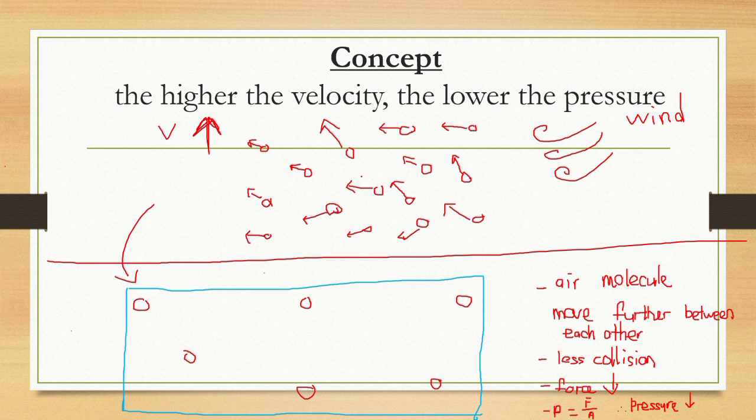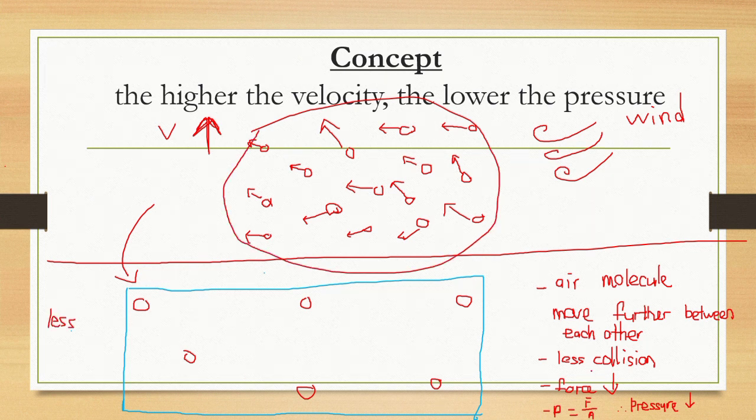When they move away from each other, dia akan jadi macam ni, okay? In this space, there are fewer air molecules because many of them already moved away. So only 1, 2, 3, 4, 5, 6 are left compared to this one, okay?